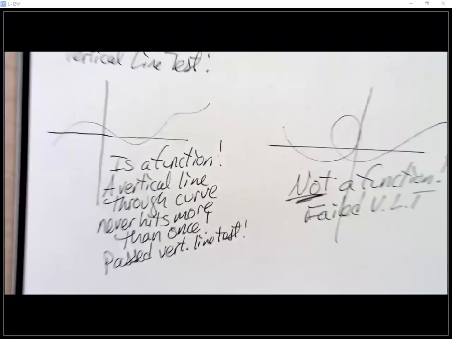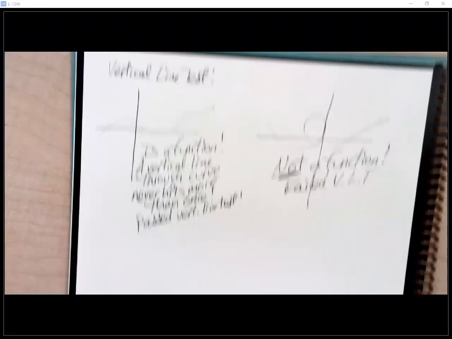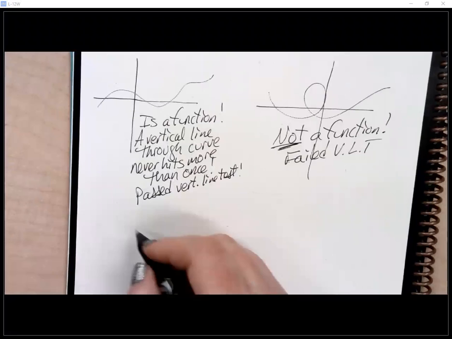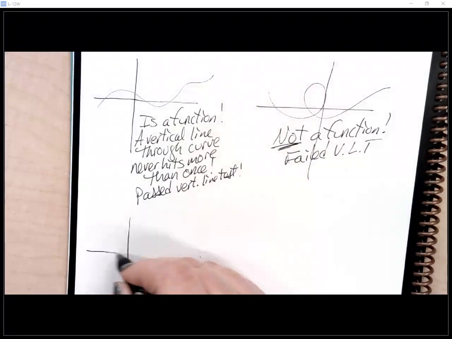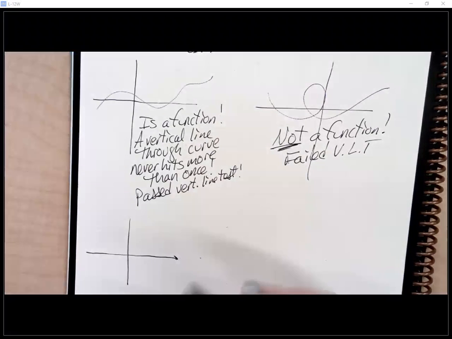And let me give you one to try. What would you say about this?